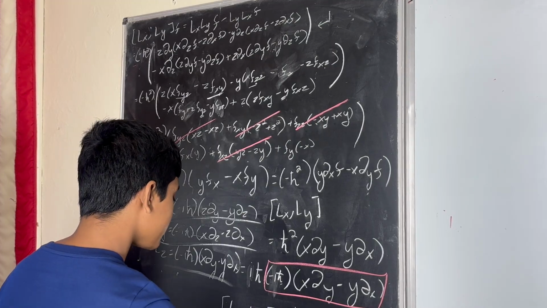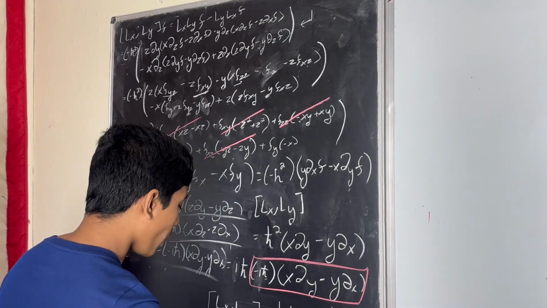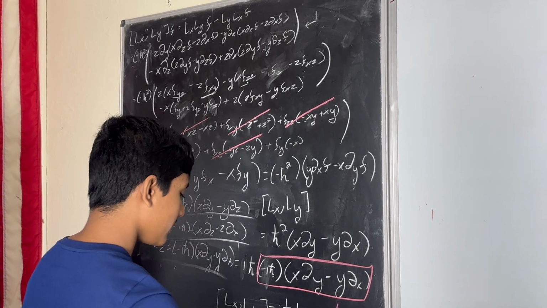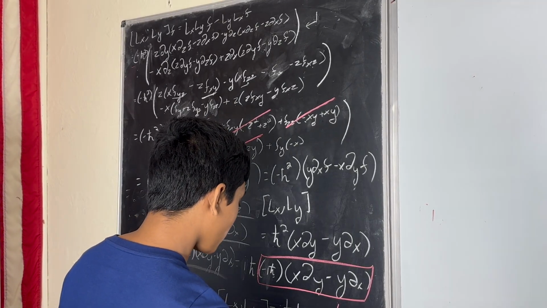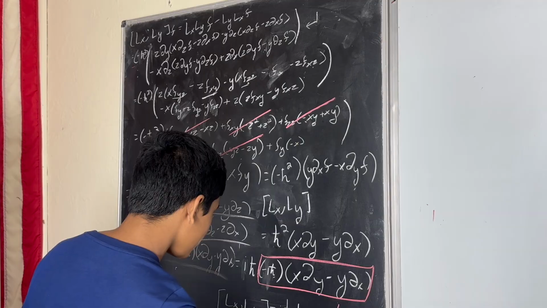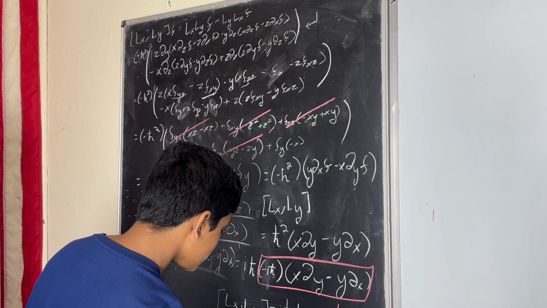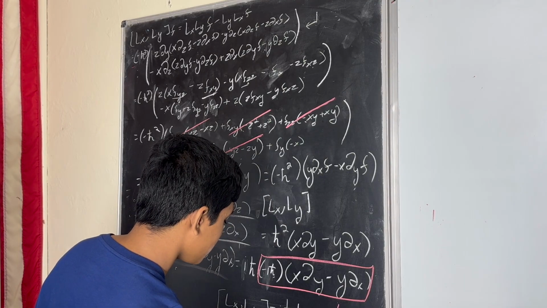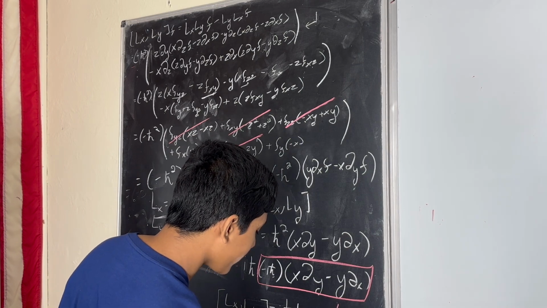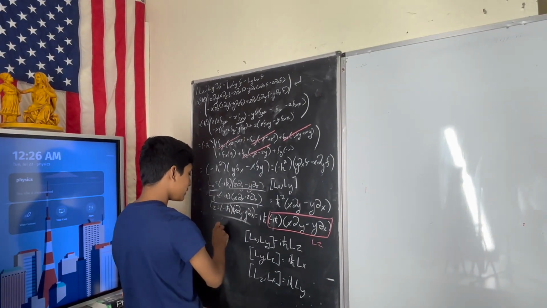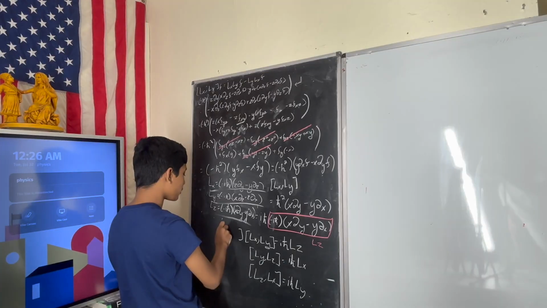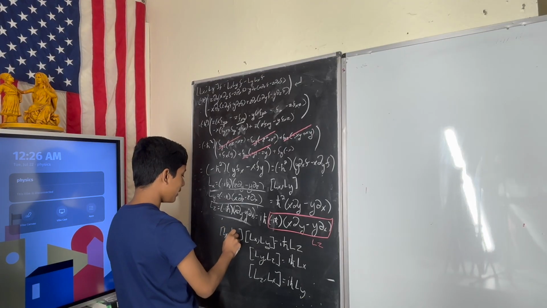And by cyclic permutation, the commutator of Ly and Lz becomes i h bar Lx, and the commutator of Lz, Lx becomes i h bar Ly. And you can get the commutator for whenever we reverse the order by just flipping the sign.